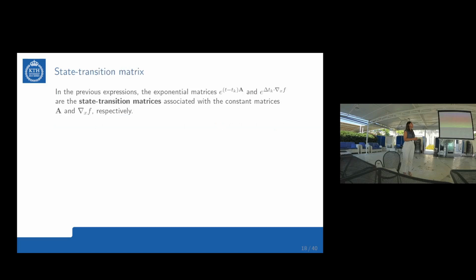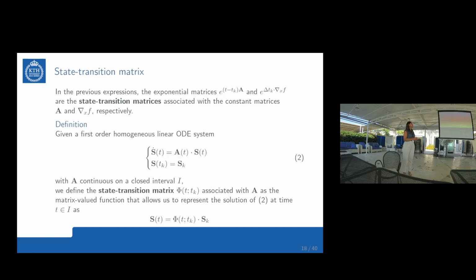So I tried to focus your attention on these exponential matrices because they are the state transition matrices associated to the coefficient matrix. And more in general, these state transition matrices are related to a first-order homogeneous linear ODE system, where the state transition matrix phi associated to the matrix A is the matrix-valued function that lets us represent the solution of this system at time t as the product of the state transition matrix times the initial condition.